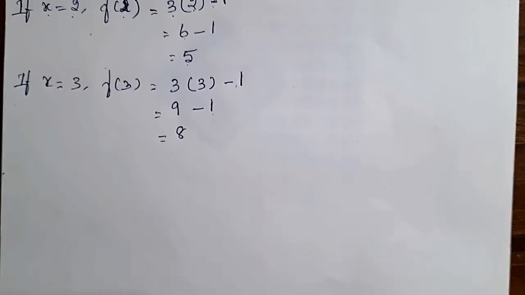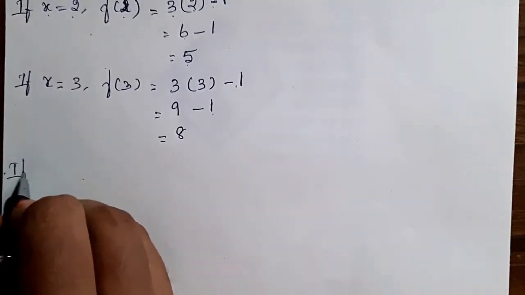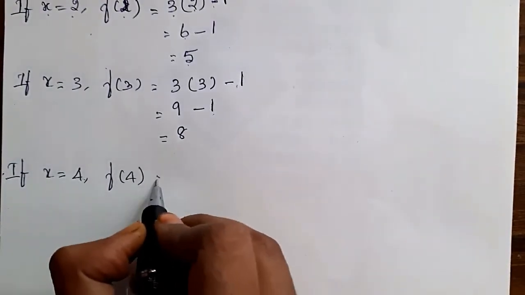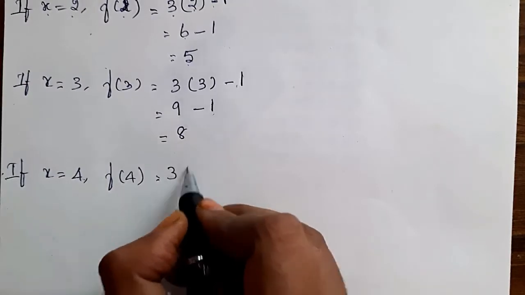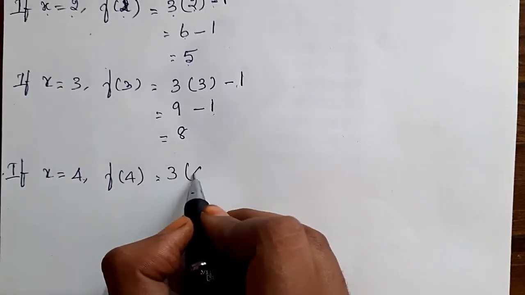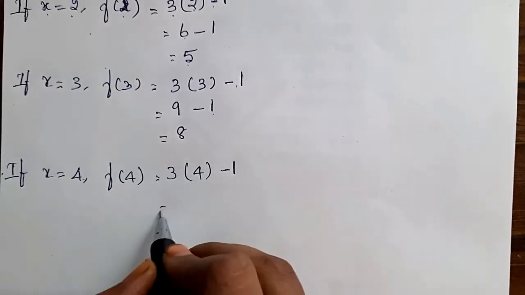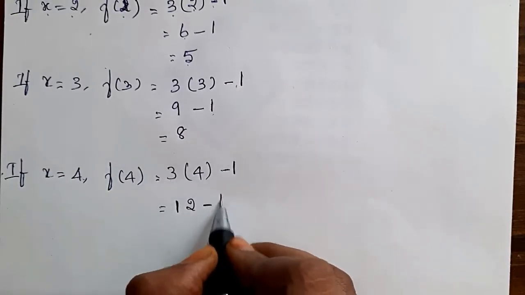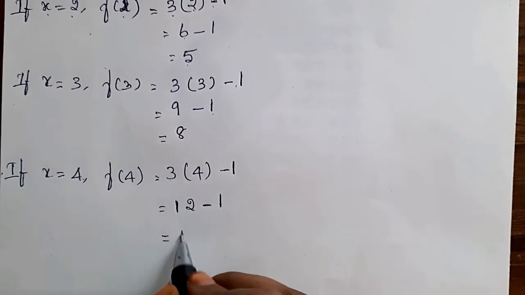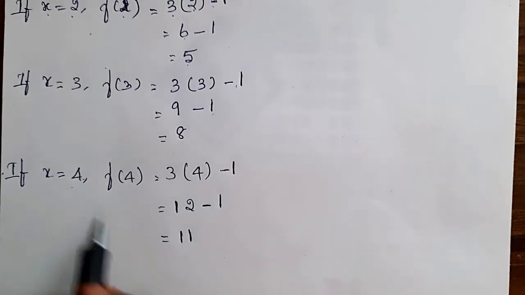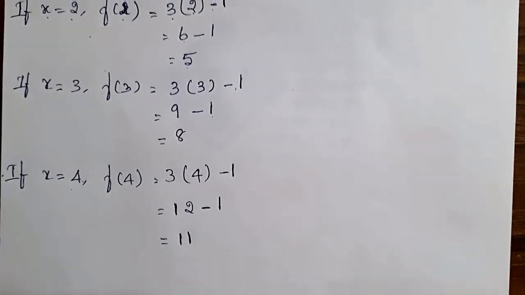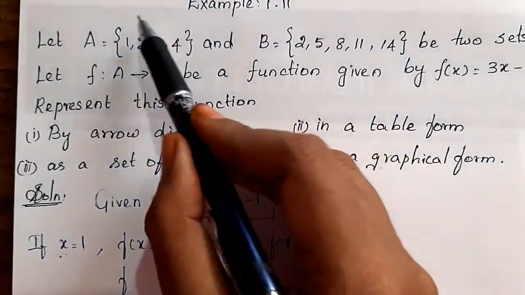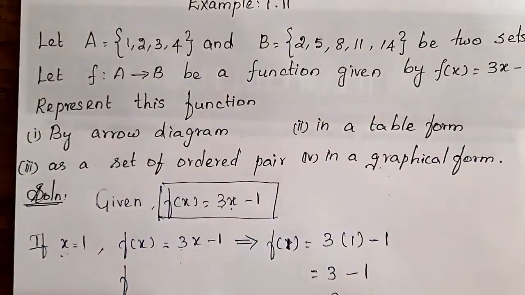Now, if x equal to 4, f of 4 is 3 into 4 minus 1. That is 3 fours are 12, minus 1, equal to 11. So if x value is 4, f of x value is 11. So we found the images for all x values.